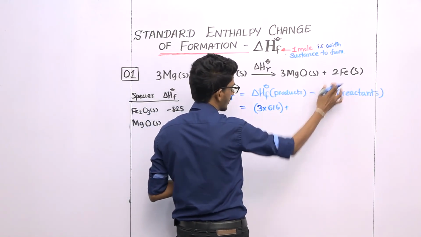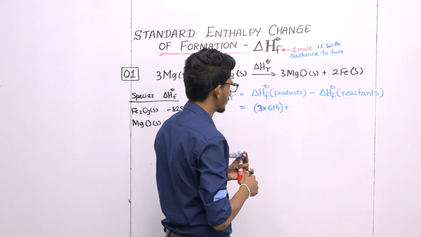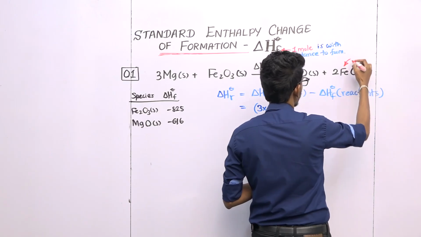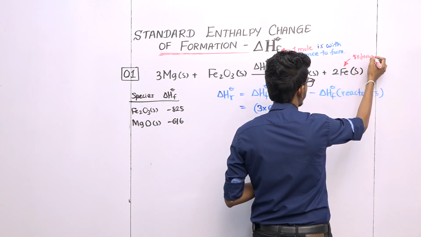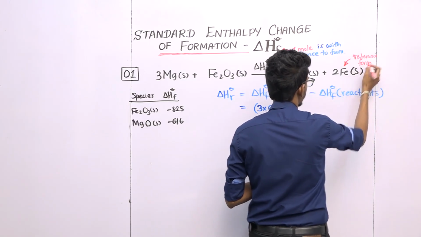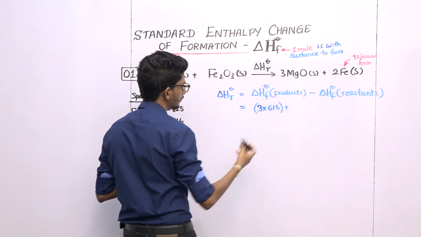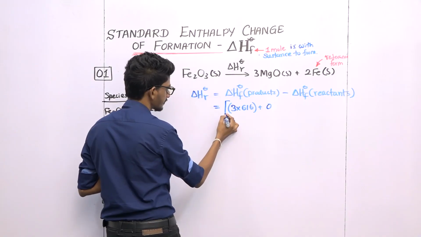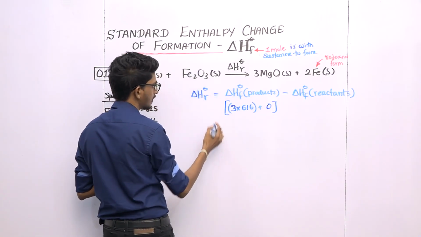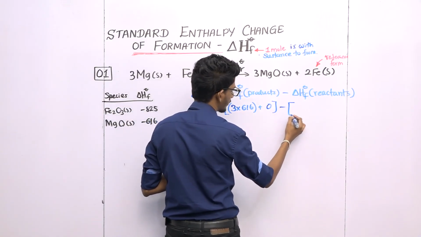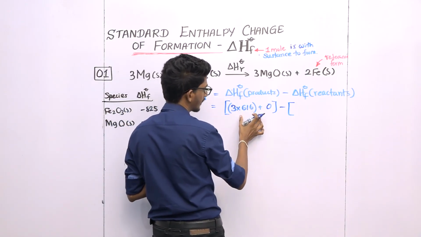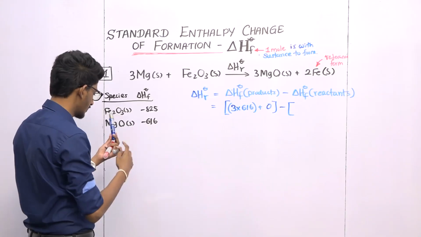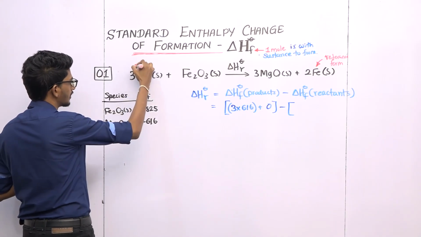And the Fe solid appearing is the reference form of this metal, so its delta H F value is 0. That is all for the products. Now minus the reactants. You have 3 magnesium, but magnesium is a reference form.